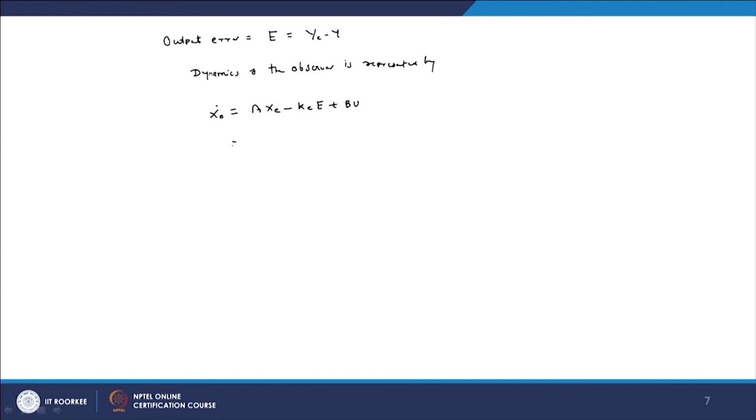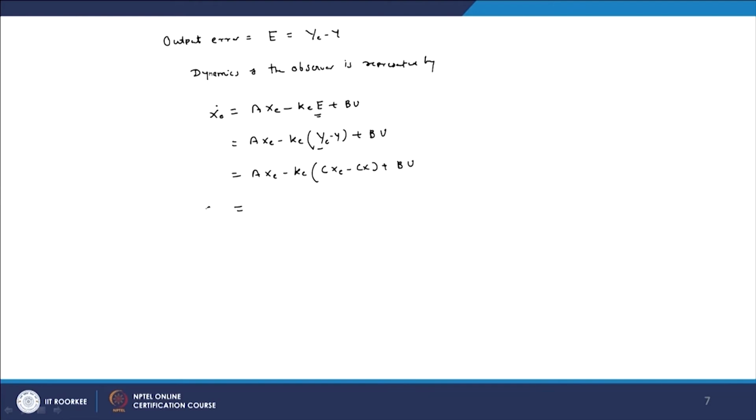Now here, this error e is represented by y minus ŷ. Here ŷ is nothing but c into xc, and y equals c x.